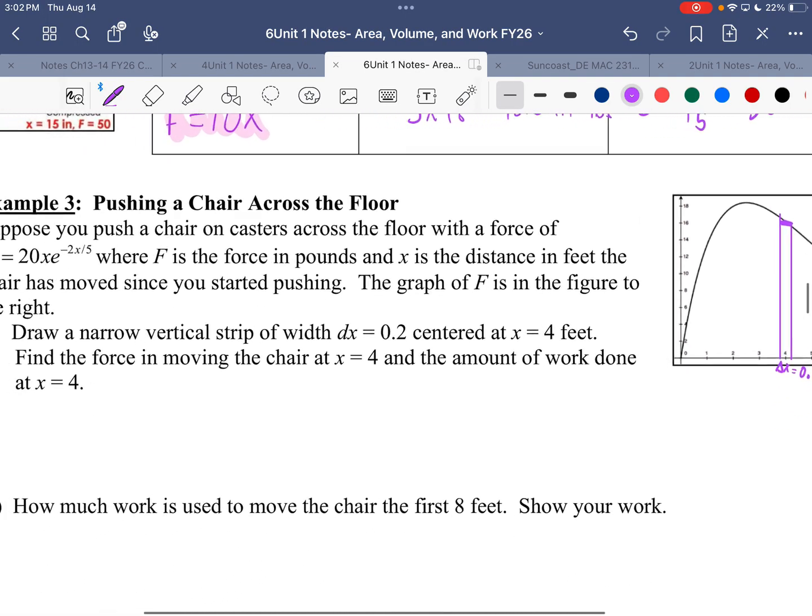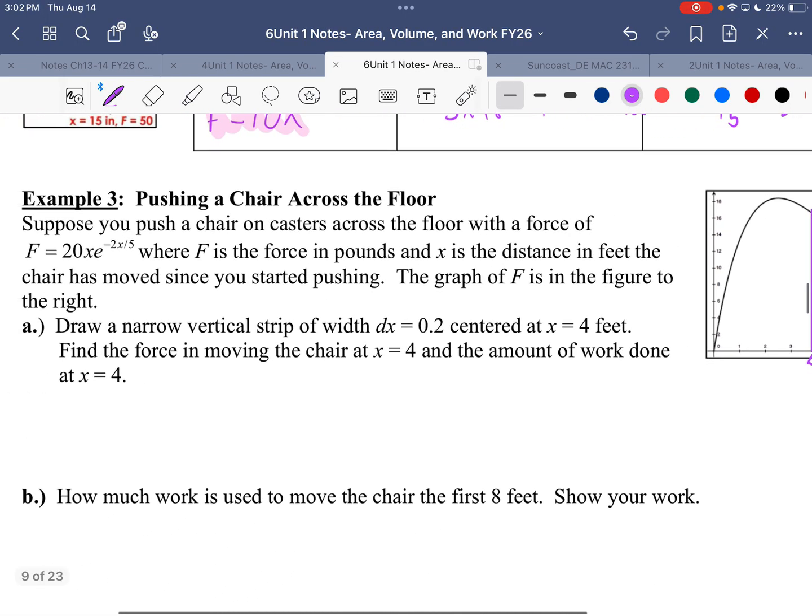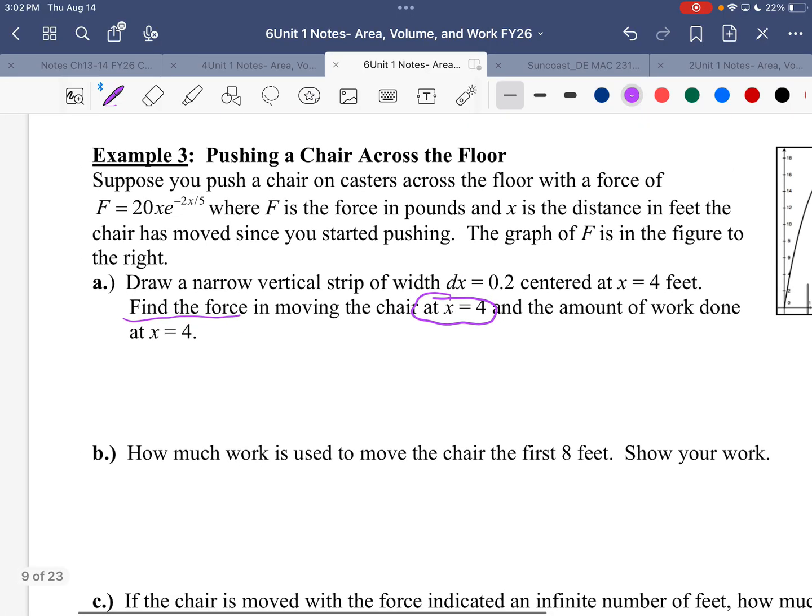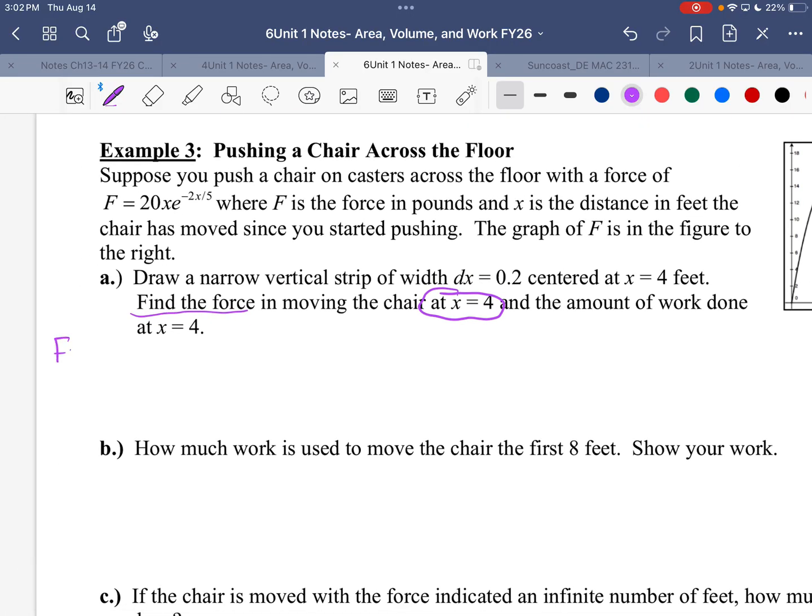Okay, so first we have to find the force of moving the chair at 4. This is kind of reminding me of related rates. This is the force just at the moment when x is equal to 4. We're just plugging in 4.